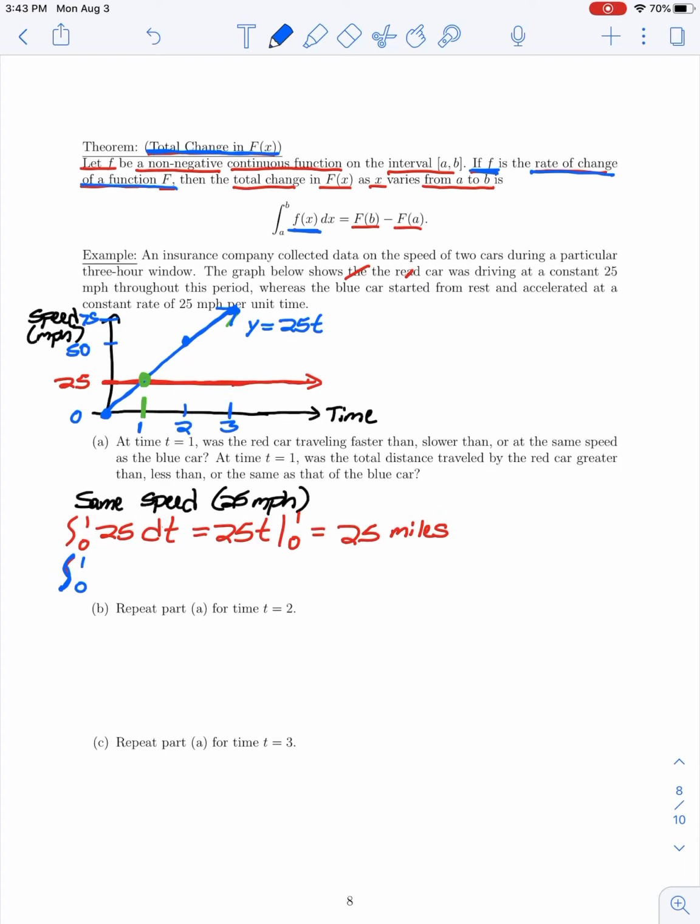So taking 25t and then integrating with respect to t over the same interval, we would have 25 over 2 t squared from 0 to 1, which gives us 25 over 2 times 1 minus 0, or 25 over 2 miles. So here the red car has traveled further.